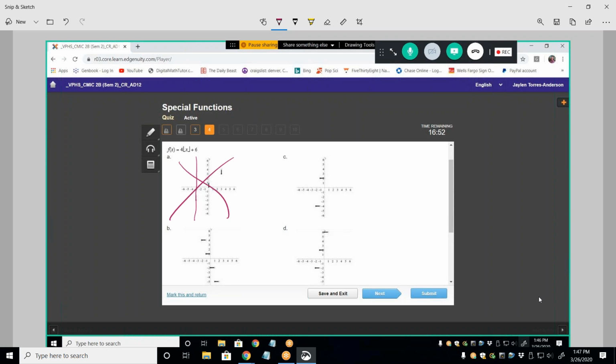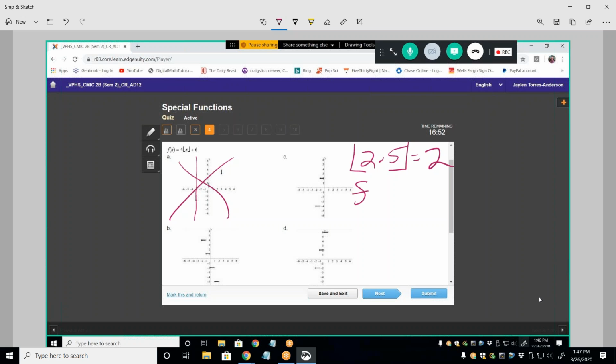Okay, so let's plug in some numbers and let's go A, B, C, D. So let's try B. Let's try a positive number. Put in a positive decimal for X. Small number. Okay. So first of all, what's that equal to? Yep. So we now have 4 times 2, which is 8, plus 6.